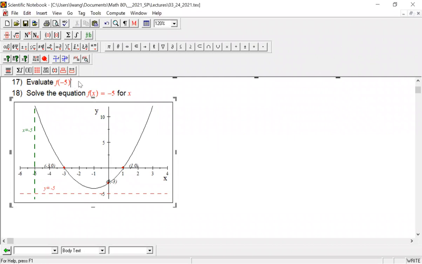For the point where the green touches the curve, that's easy. We just have to plug in x squared plus 2x minus 3. Now our x is -5, so we replace x by -5. And we will get a point. What do we get here?